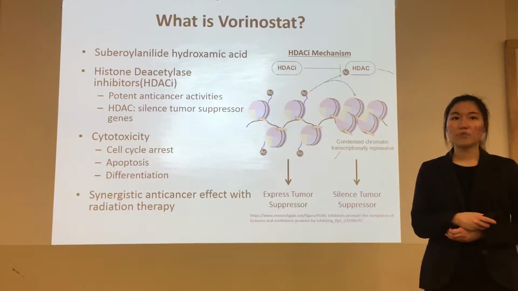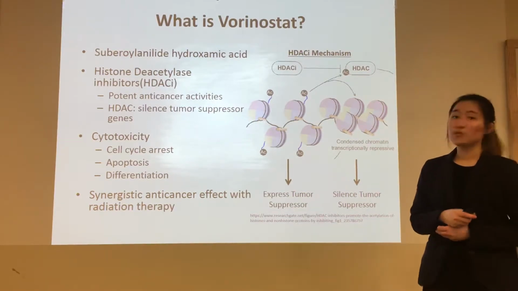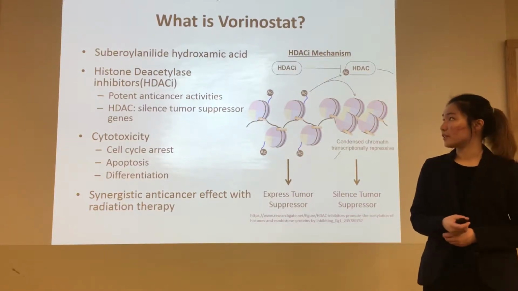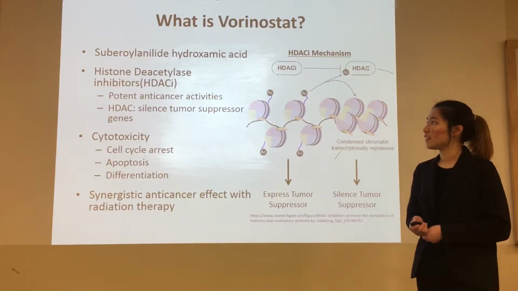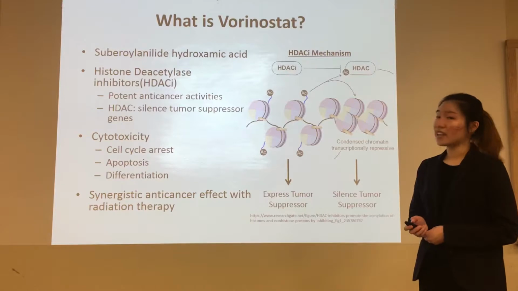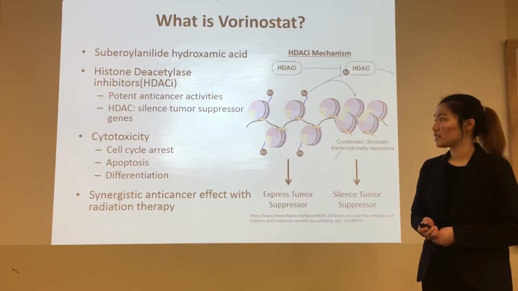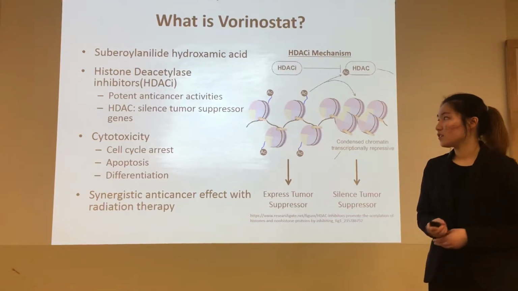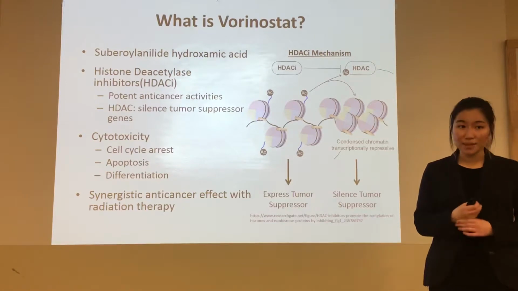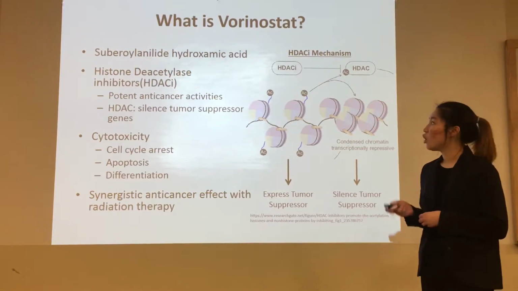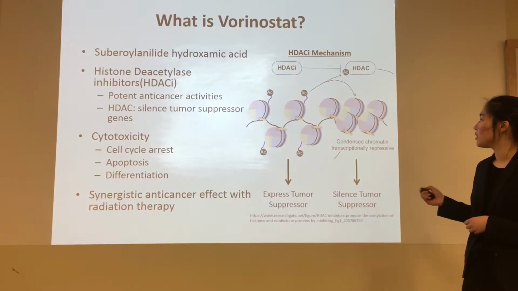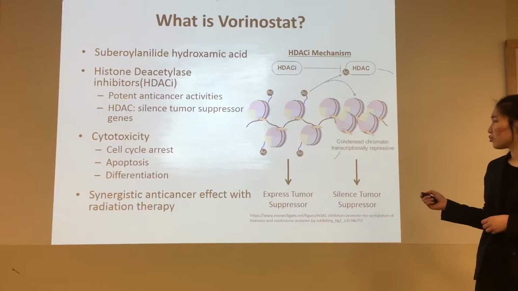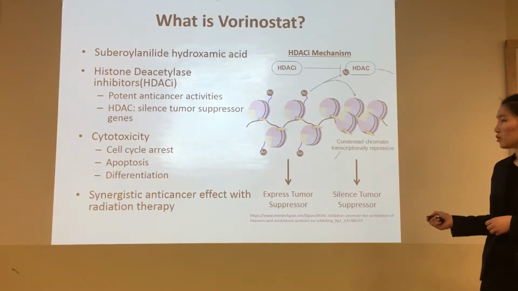Now that I talked about pancreatic cancer, what is Vorinostat? Another name for Vorinostat is suberoylanilide hydroxamic acid, and it is a type of histone deacetylase inhibitor. Histone deacetylase removes the acetyl group from the histone, which allows the chromatin to be condensed and represses the transcription of tumor suppressors.